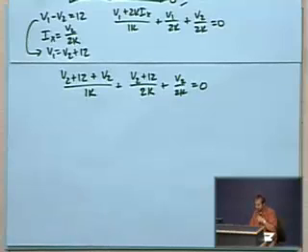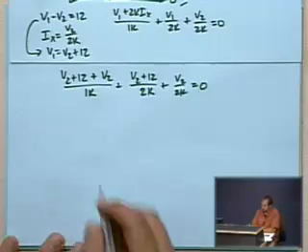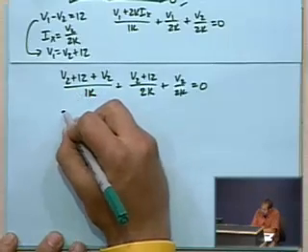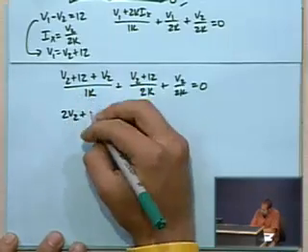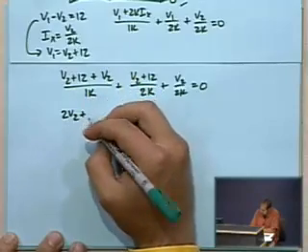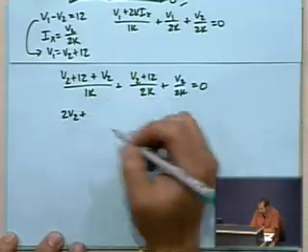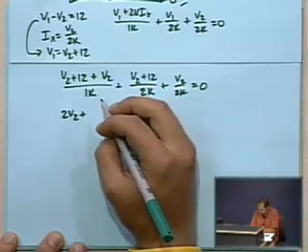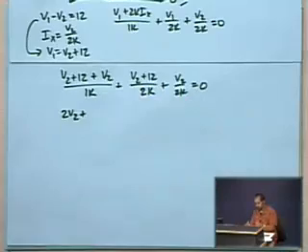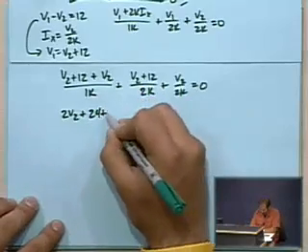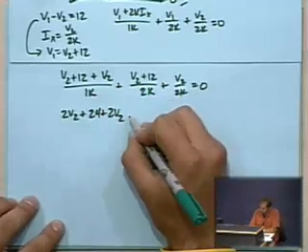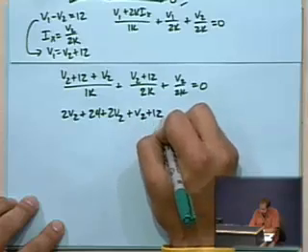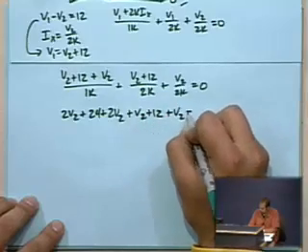Let's multiply both sides by 2K to get rid of everything in the denominator, and so we get 2V2 plus 12 times, well, the 1,000 goes away, so it's 24 plus 2V2 plus V2 plus 12 plus V2 equals 0.